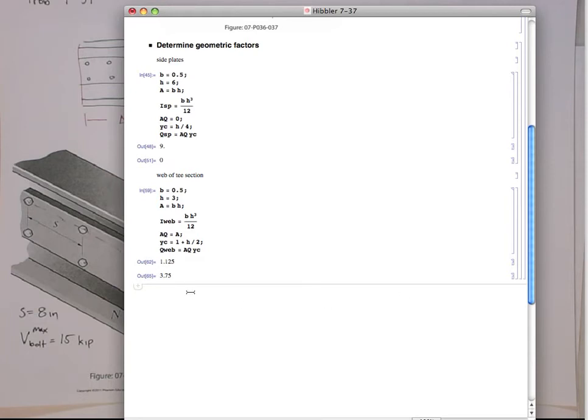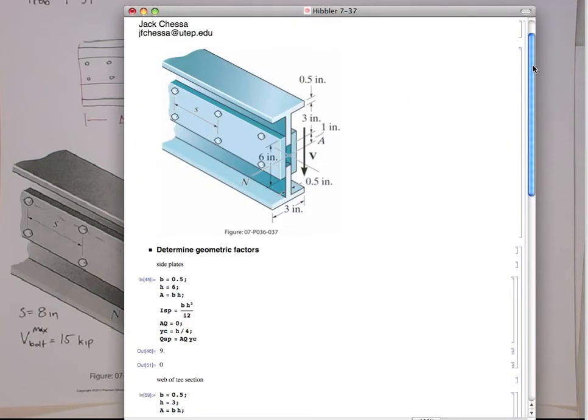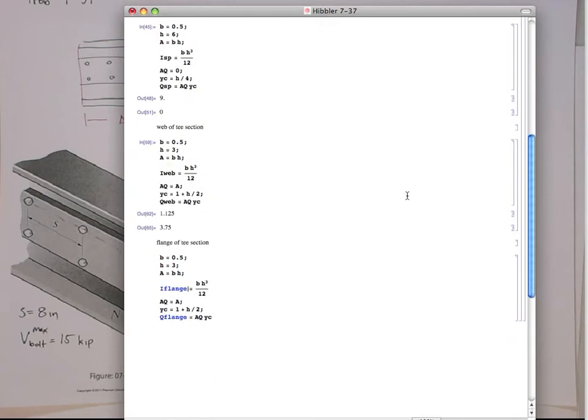Let's get the flange of the T section. We'll use the same equations here, but we'll edit them. This is going to be the Q of the flange and the I of the flange now. All right, so the base in this case of the flange is 3 inches.